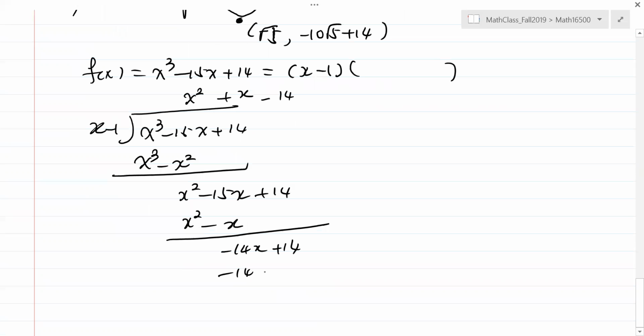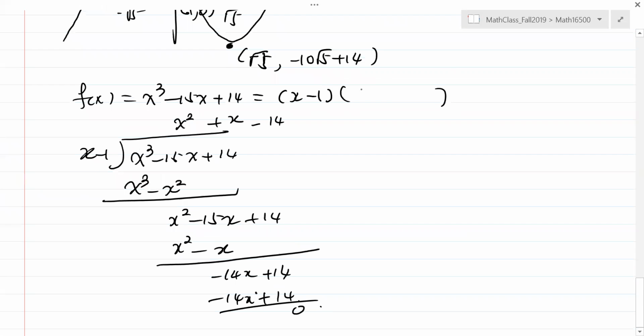So again, minus 14 plus 14, and you get 0, okay? So it's divisible, and that means you get x squared plus x minus 14. Then you can get the other 2 zeros because you know how to solve a quadratic equation.